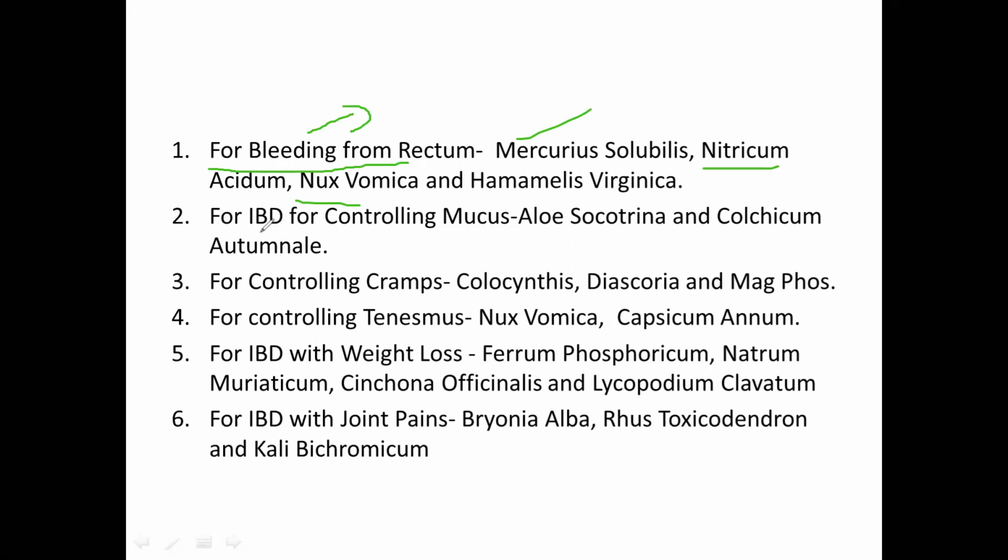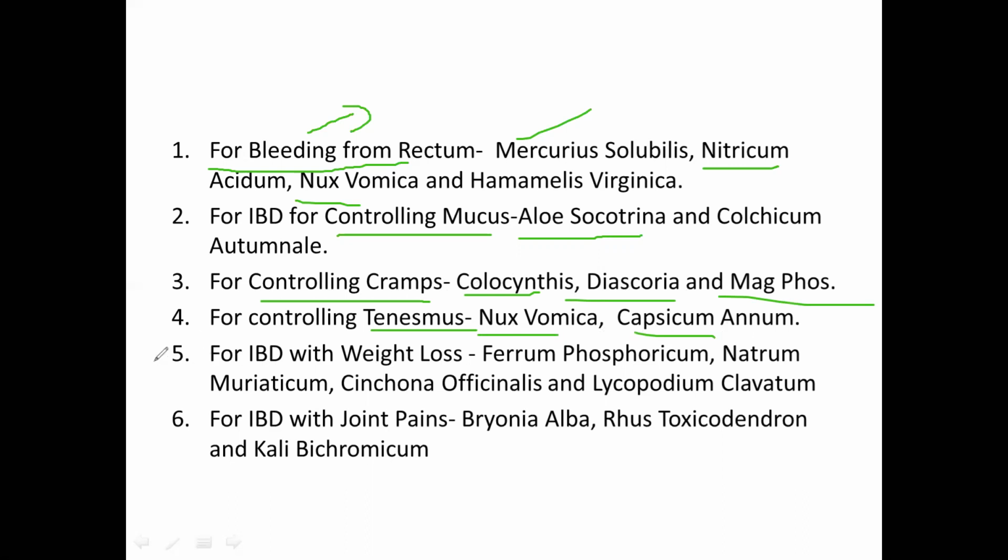In patients with inflammatory bowel disease with excessive mucus, you can use allosacotrina and colchicum. If the patient has abdominal cramps, you can think of colocynth, diasporia and mag phos. But if tenesmus is prominent, then nux vomica and capsicum.